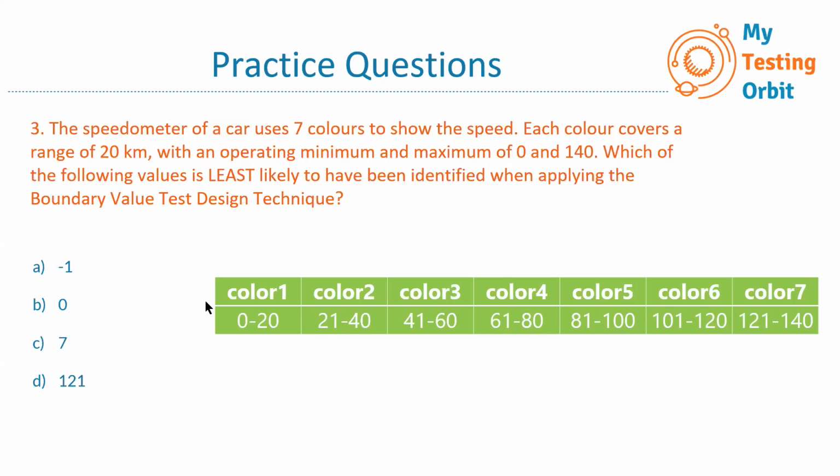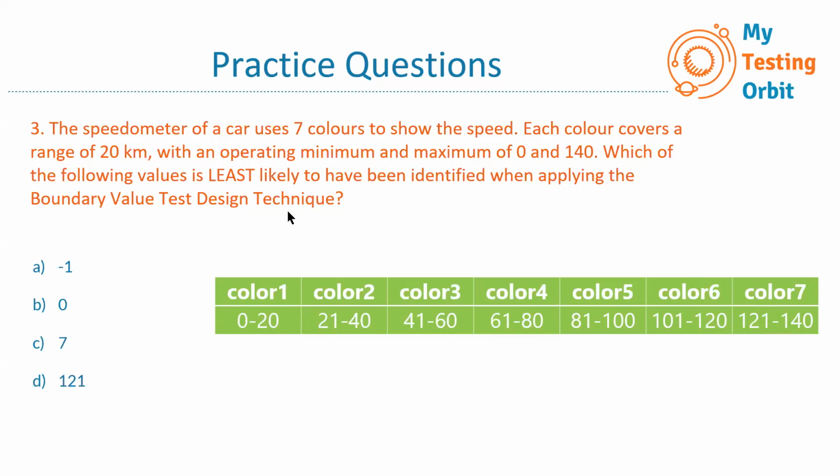And we have a minimum and maximum from 0 to 140. That's how we have divided all the 7 colors, each covering a range of 20 kilometers.